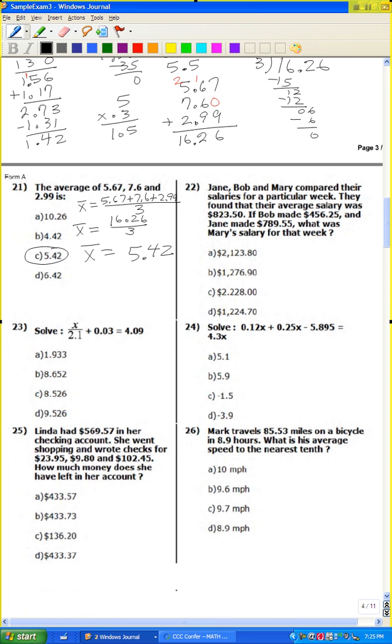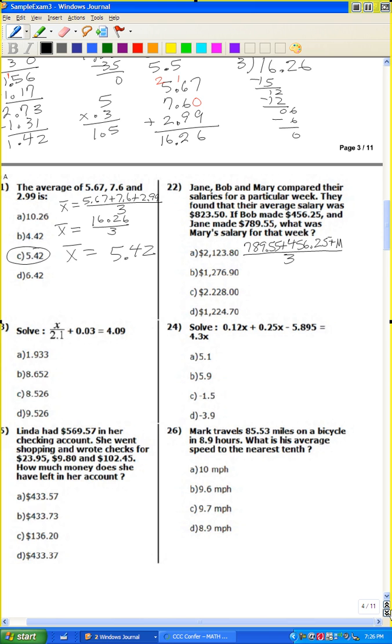So let's add Jane plus Bob plus Mary. Find their average, so divide by 3. That should equal, well, their average was $823.50.